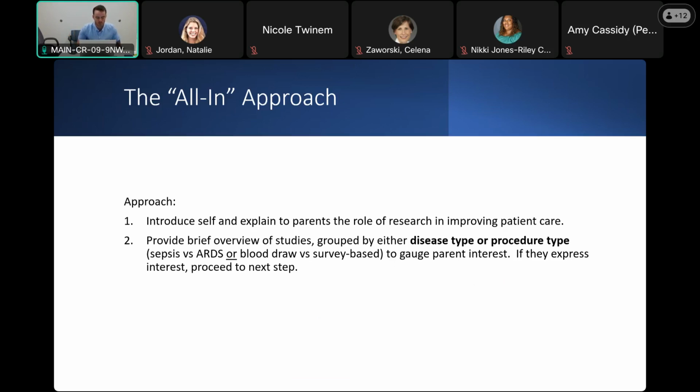And then we'll go into our observational studies, which are a bulk of the studies that we do consent for. And since they're observational, most if not all are less than minimal risk. Most of the time, if the parents are inclined towards research, we see that they will consent to all the studies that we approach for.